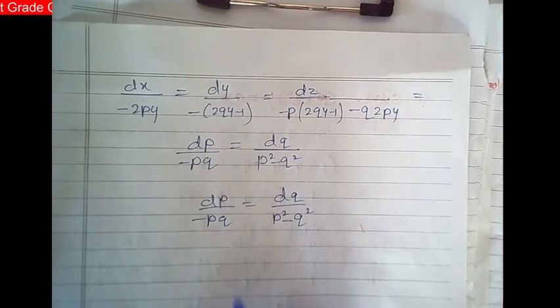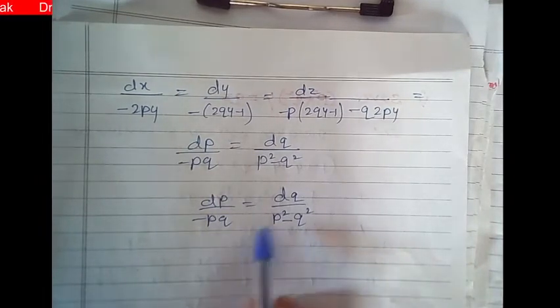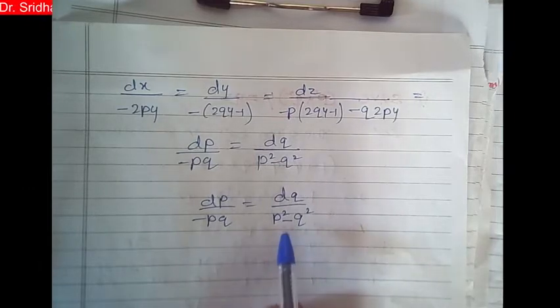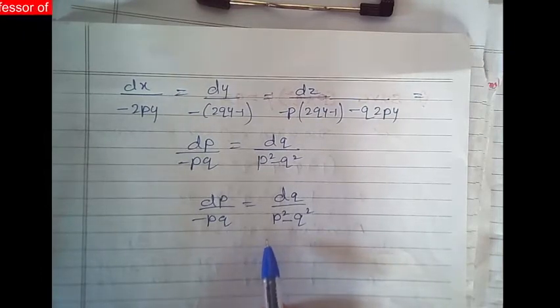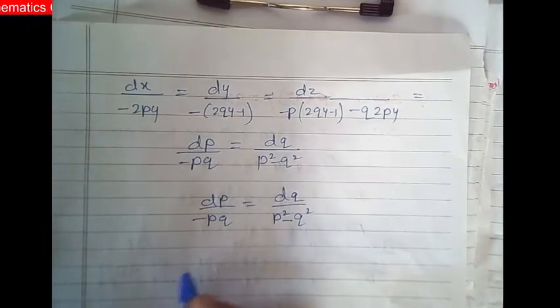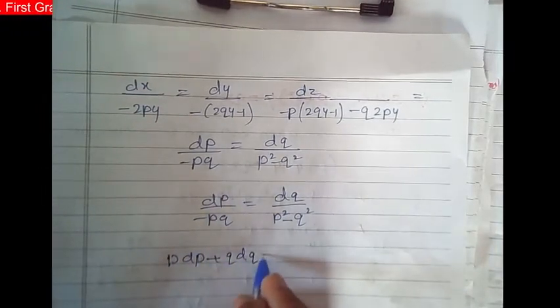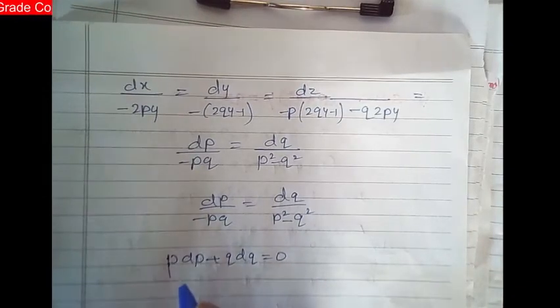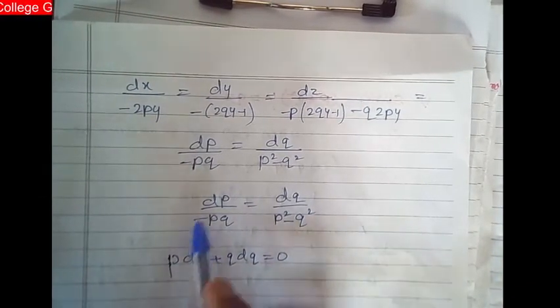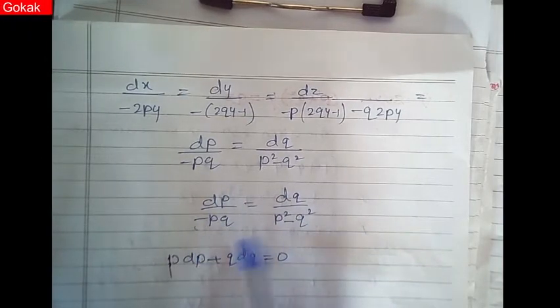Okay, so in this case these two equations can be solved. On solving this type of equation we'll get p dp plus q dq is equal to 0. Solve this equation using variable separable method or substitution method.